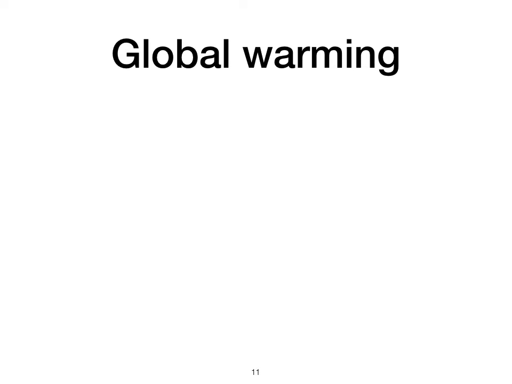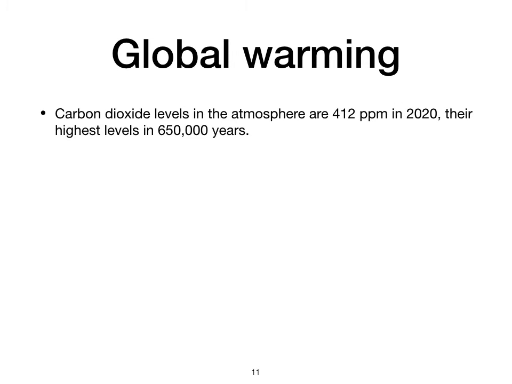Now, what has global warming cost us in recent years? Let's get to some statistics first. The carbon dioxide levels in the atmosphere are the highest recorded in about 650,000 years. This indicates the highest recorded carbon dioxide levels in the air, never seen before, and how much damage it's causing to the environment.